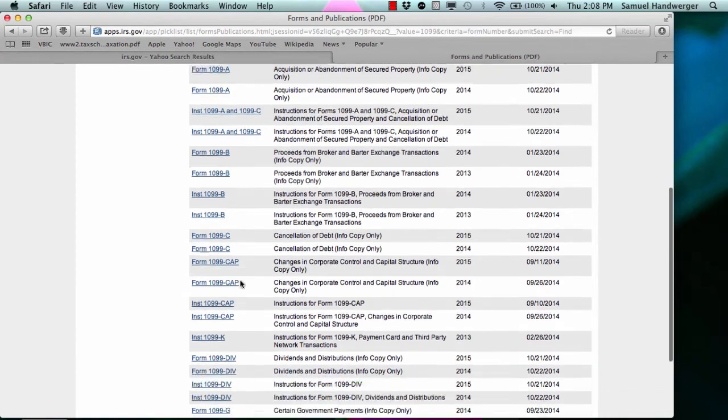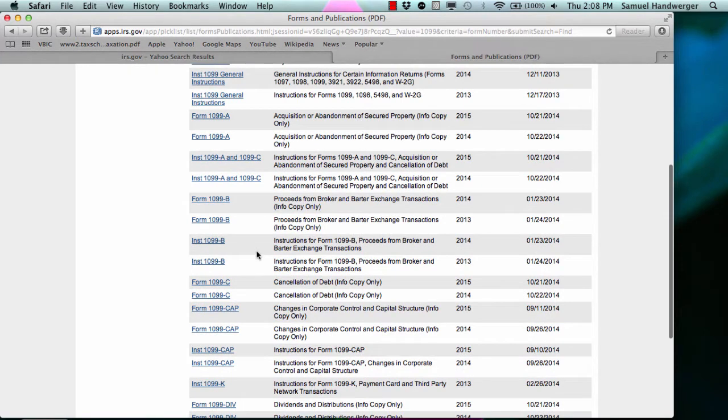For example, look at 1099-B, proceeds from broker and barter exchange transactions. So if you're involved in that, you are supposed to report how much you paid somebody in brokerage so that the person who should be picking up broker transaction income will receive a copy of that telling them how much income they should pick up.